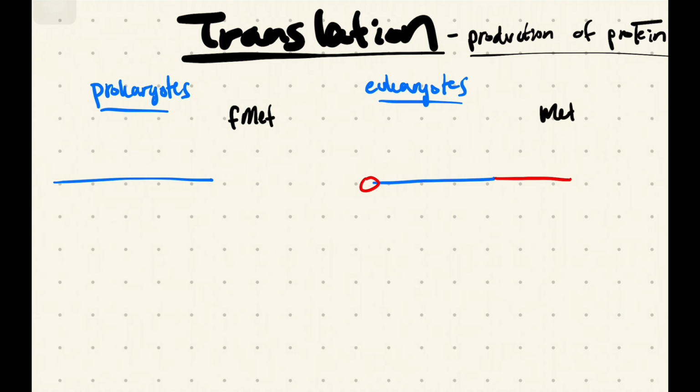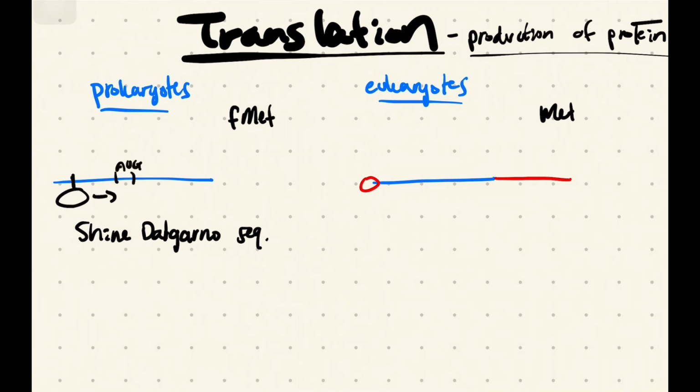So for prokaryotes, what's going to happen is, once again, you're going to have that small subunit. It binds to this recognition site, and this recognition site is going to be called the Shine-Dalgarno sequence. And then it's going to go downstream once again until it reaches the AUG site. And this sequence is actually just 5 to 10 units upstream of the start codon.